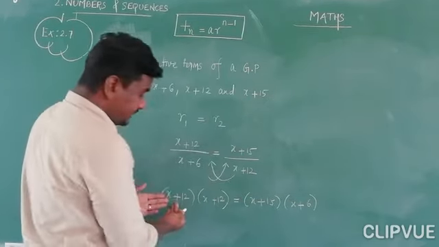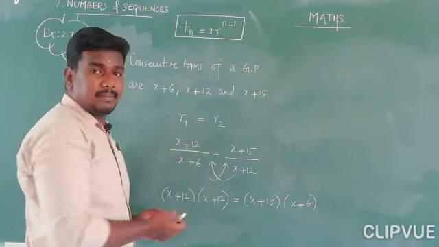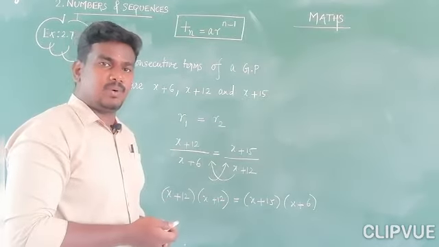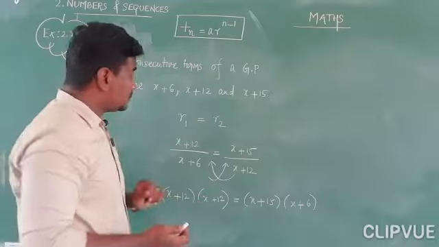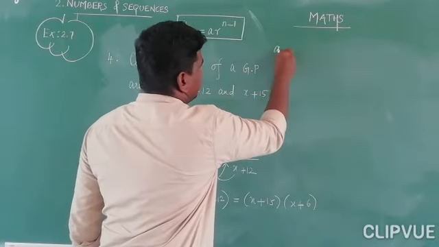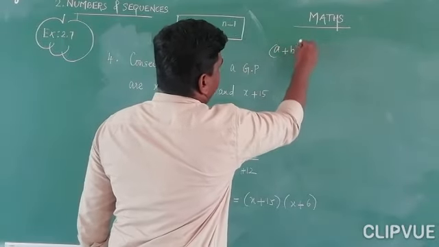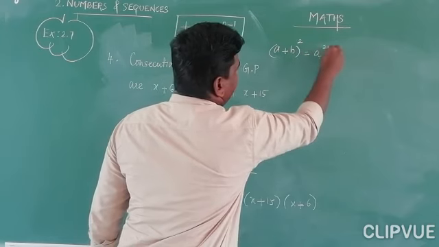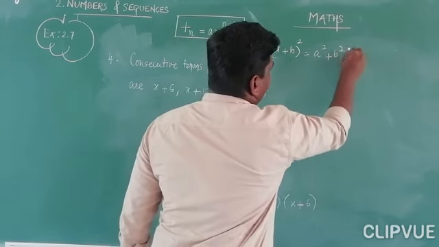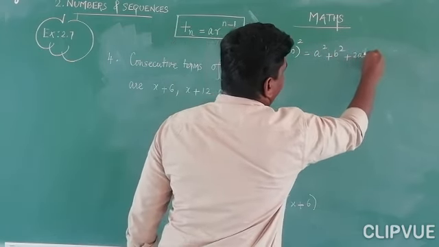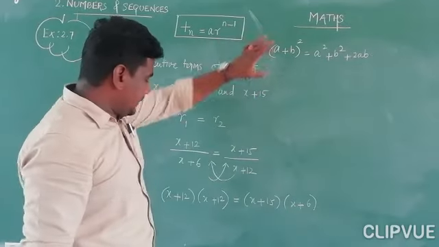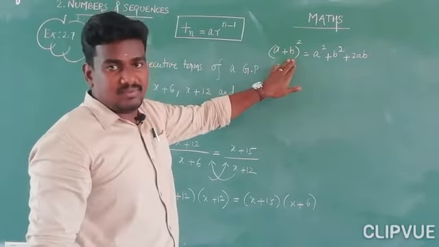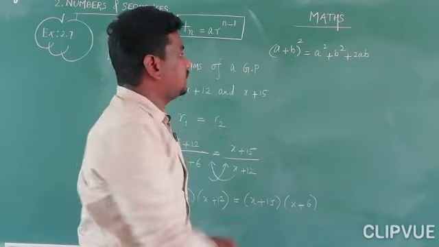Actually it is in the form of a plus b into a plus b, which is equal to a plus b whole square, and a plus b whole square can be written as a square plus b square plus 2ab. Instead of a, x is given, instead of b, 12 is given. So you just replace them.